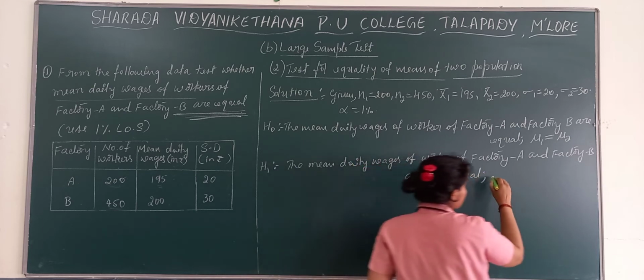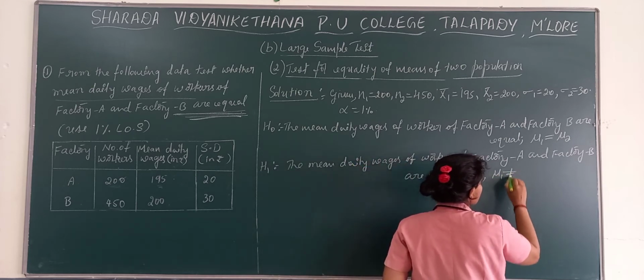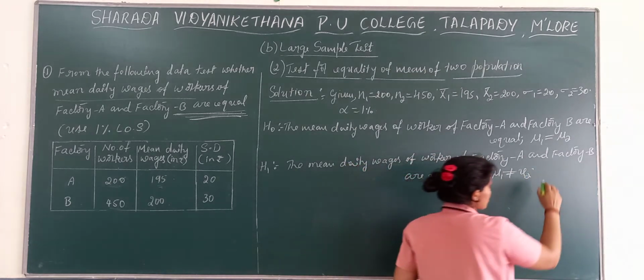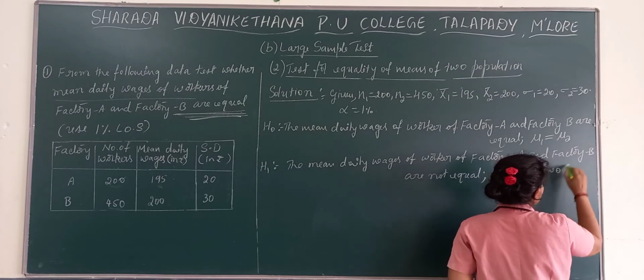So we take mu1 is not equal to mu2, and it is a two-tailed test.